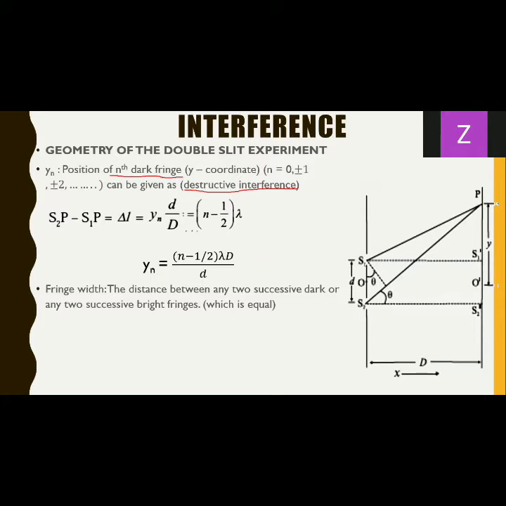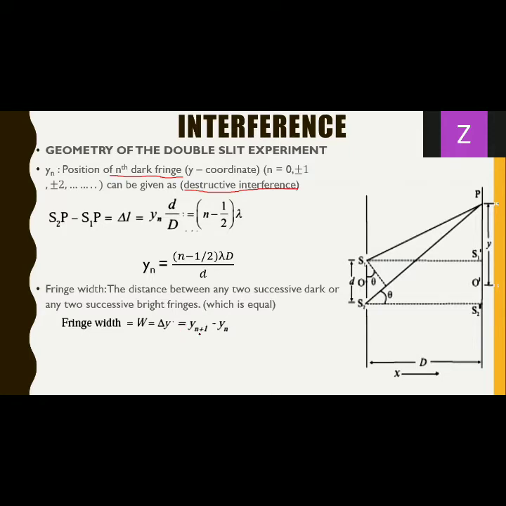That means if n is 1, then after that comes 2, so plus 1, then 3 comes, plus 1. So the fringe width denoted by W can be given as the difference between the fringes, which is y of n plus 1 minus y of n. So this is the nth bright band or dark band, and this n plus 1 is the next bright or dark band after it.